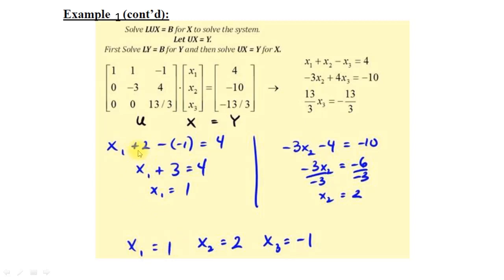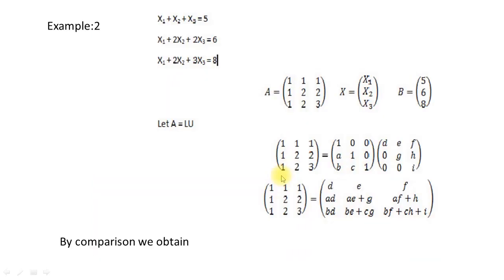This is the first equation, x1 plus x2 minus x3 is equal to 4. So using the values of x2 and x3, we obtain the value of x1, and this is the solution of the given system. x1 is equal to 1, x2 is equal to 2, and x3 is equal to minus 1.